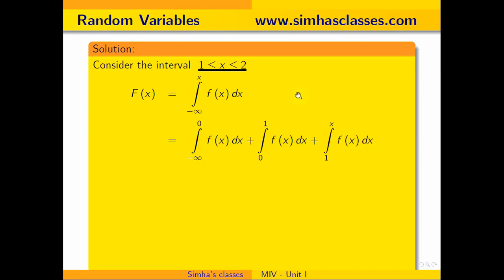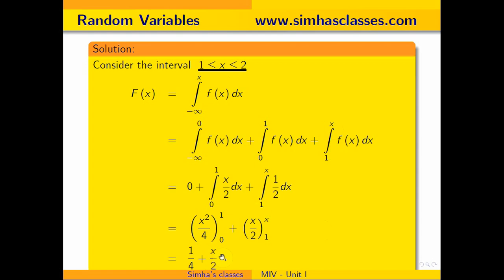In the previous one, the interval was 0 to 1, so I integrated up to x in that interval. Here the interval is 1 to 2, so I take up to x in this one. Now substitute the values of those interval functions, and it's a simple integration. Integrate, substitute upper limit minus lower limit, simplify, and you will get this.